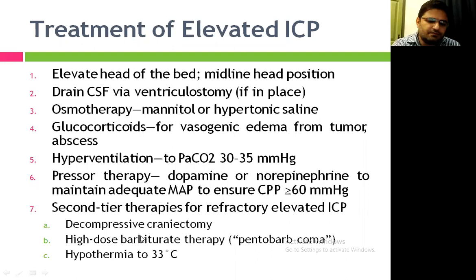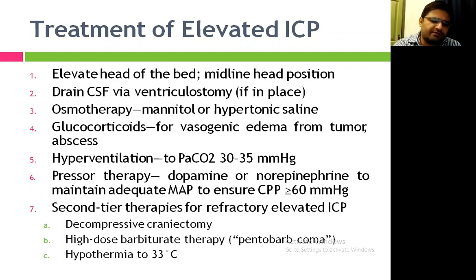First parameter is elevation of the head and draining CSF by ventriculostomy, but this is a very rare procedure. We usually go for osmotherapy with mannitol or hypertonic saline if having renal impairment, glucocorticoids, hyperventilation with non-rebreathing bags, and pressor therapy like dopamine, norepinephrine, and others.